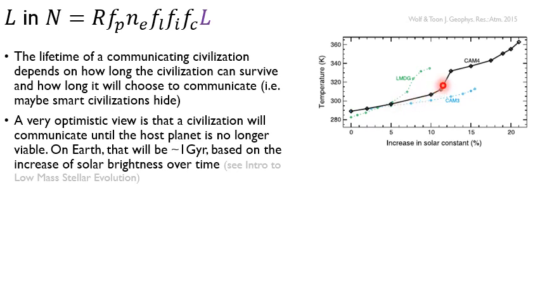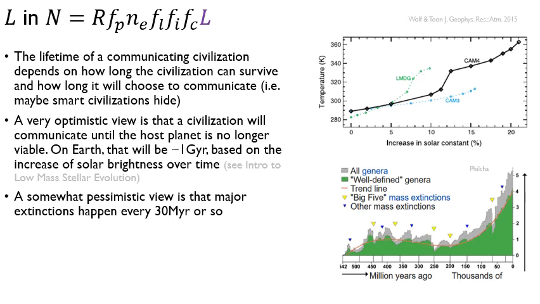And at a certain point, because of increasing water vapor in the atmosphere and a corresponding greenhouse effect, it's going to get as hot as Death Valley in about 1 billion years. And within 2 billion years, almost all the water's gone. There'll be no water-based life at all. So a pretty optimistic view is that we're going to be able to communicate for the next 1 billion years. That's as optimistic as you can get, I think.